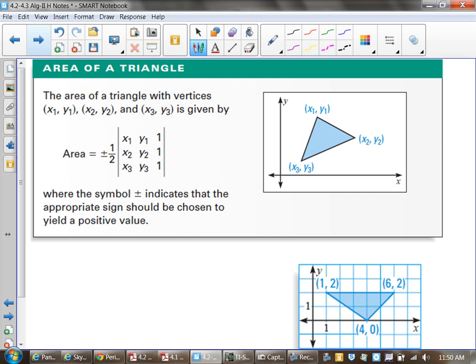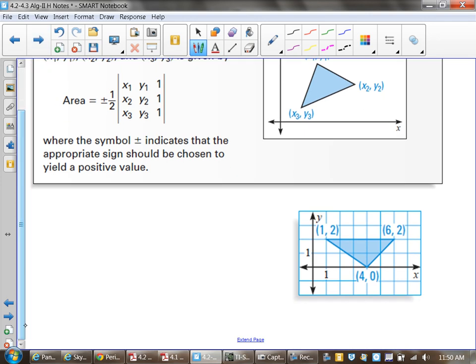Now, that means we're very close to creating a 3x3 matrix, correct? So all you have to do is take the ordered pairs, 1, 2, 6, 2, 4, 0. It doesn't matter what order you put them in as long as you keep x's first then y's.